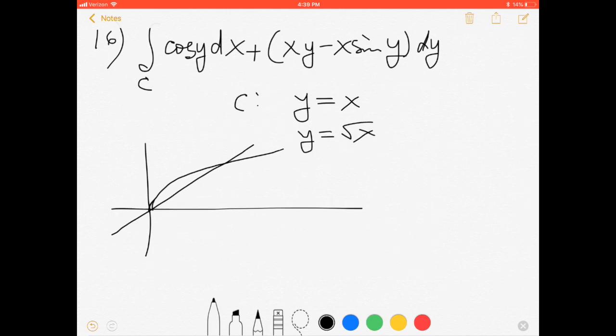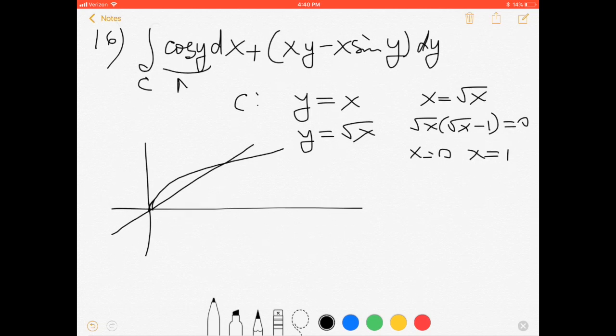We need to find the intersection. x equals square root of x, which gives 0. This means x equals 0 and x equals 1. Okay, great. And now we need to check: this is our function m, this is function n.